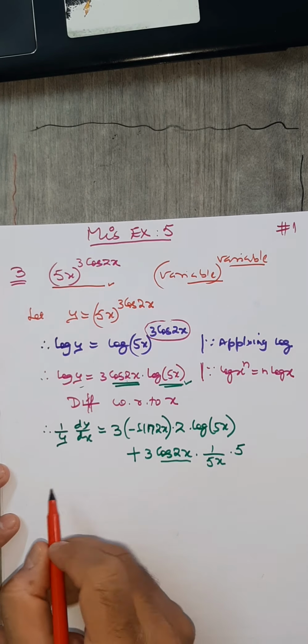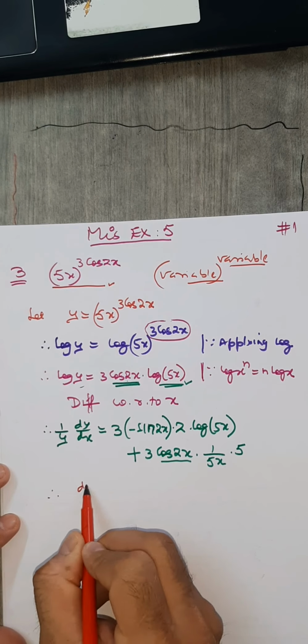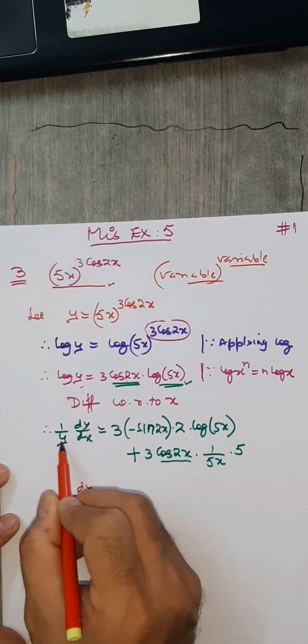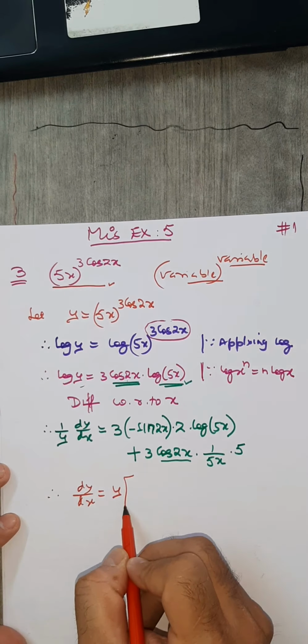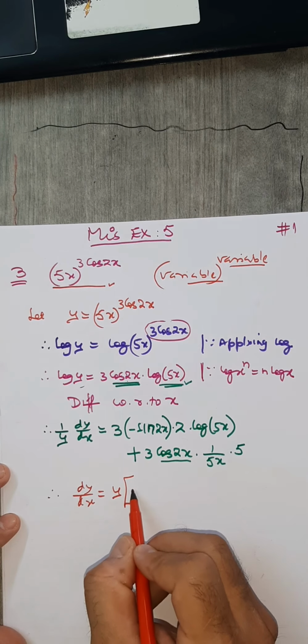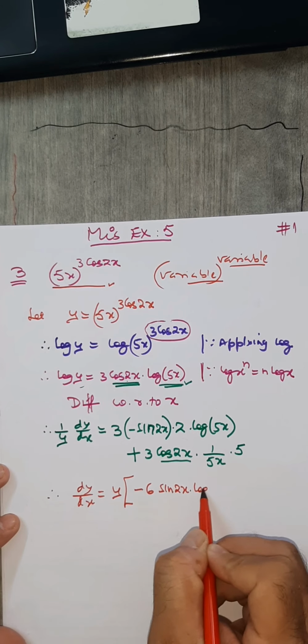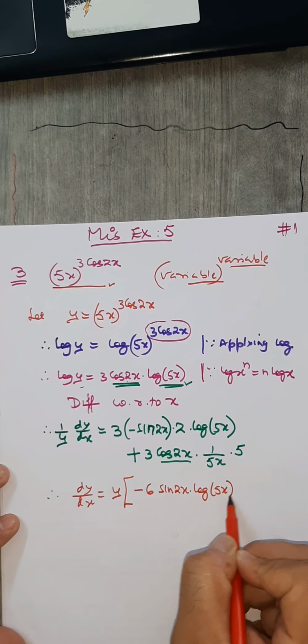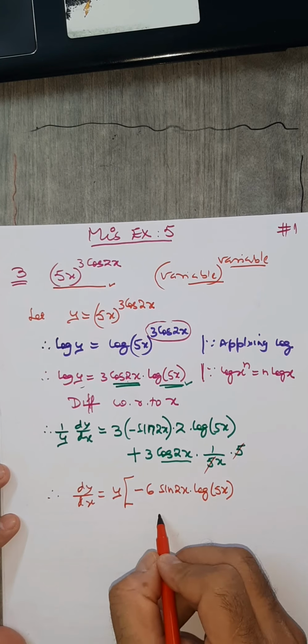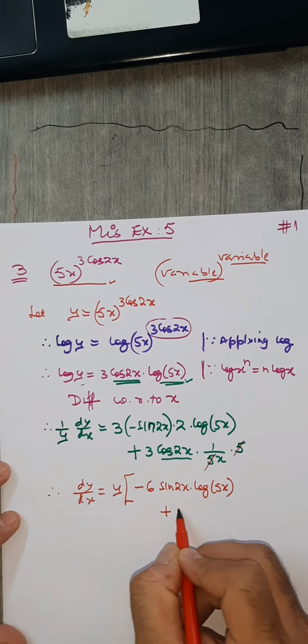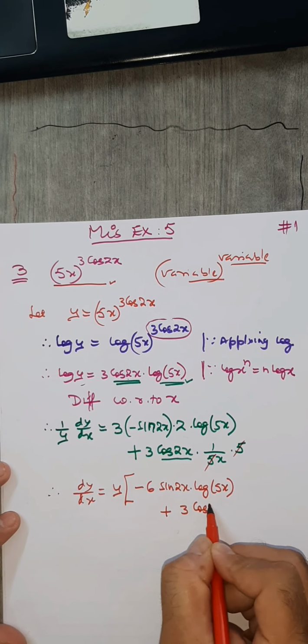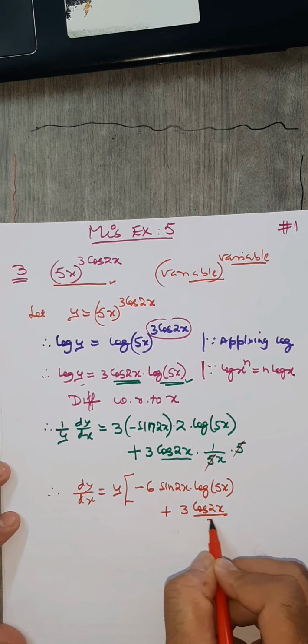So finally dy by dx equals, I'll take y on this side, this is minus 6 sine 2x into log of 5x. Here 5 will get cancelled, plus you have 3 times cos 2x the whole by x.